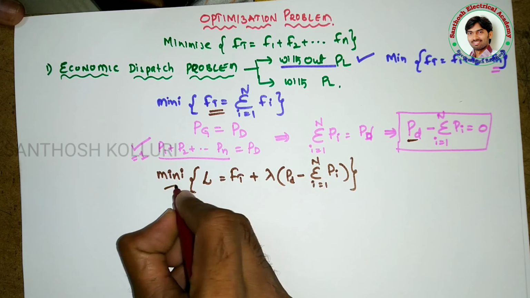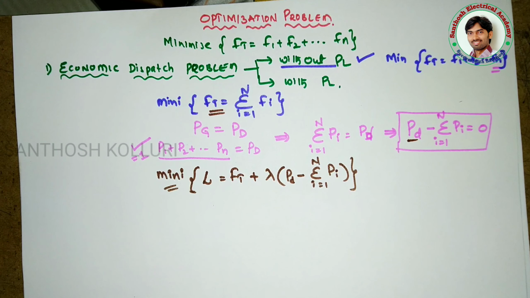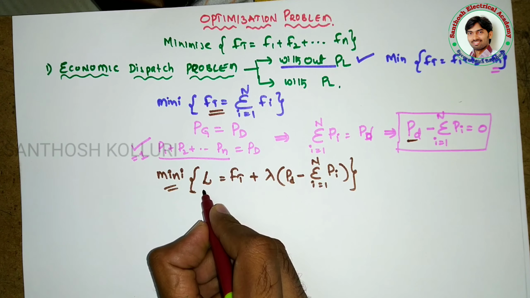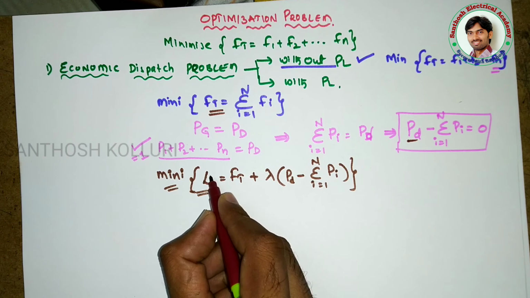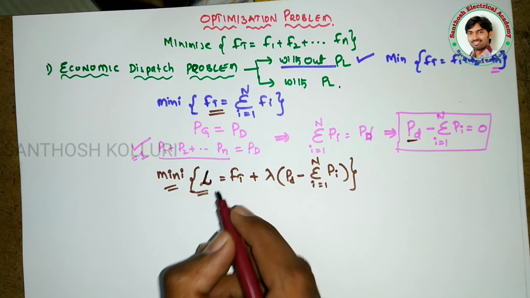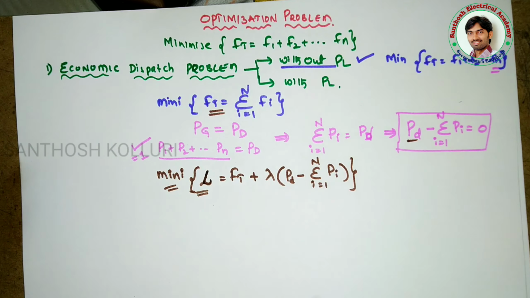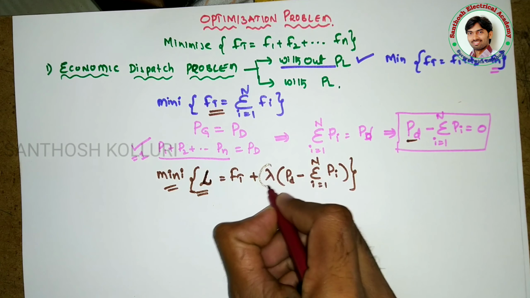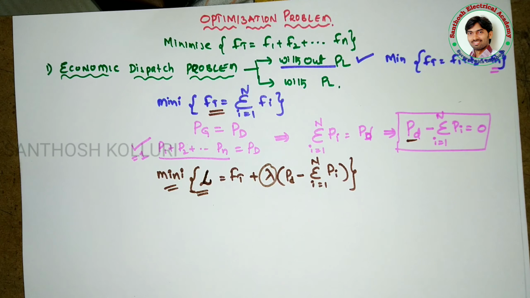My intention is to minimize this Lagrangian equation. L is the augmented cost function, or it can be called the fitness function, where lambda is the Lagrangian multiplier or Lagrangian coefficient.